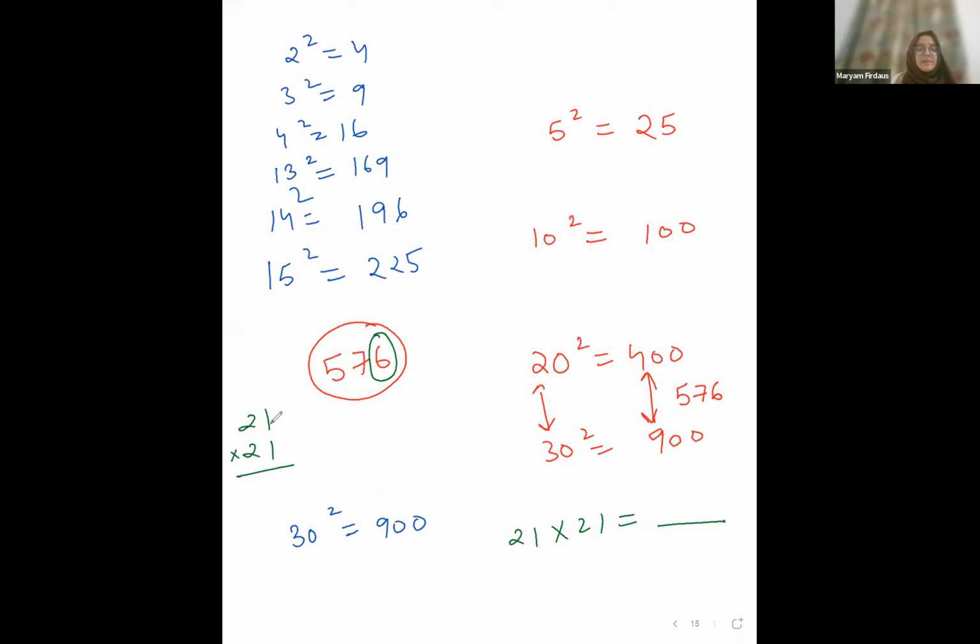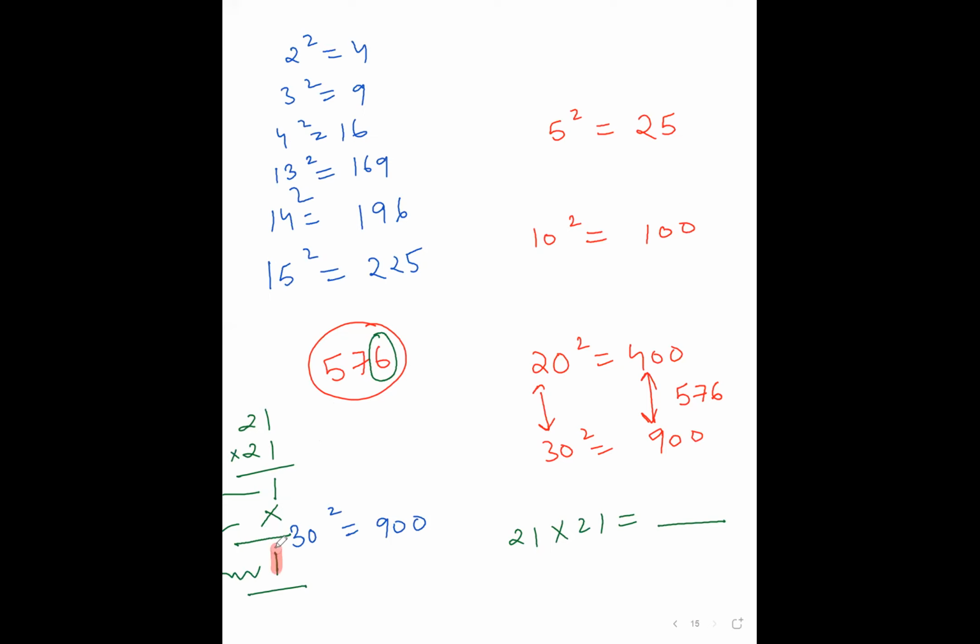If you multiply them, 1 ones are 1, and whatever the rest of it is, the last digit is going to be what?